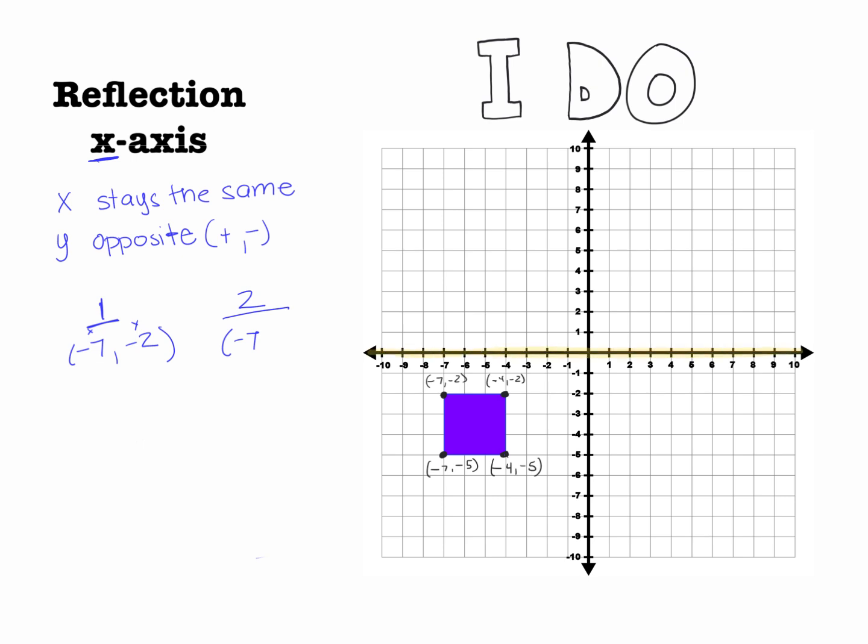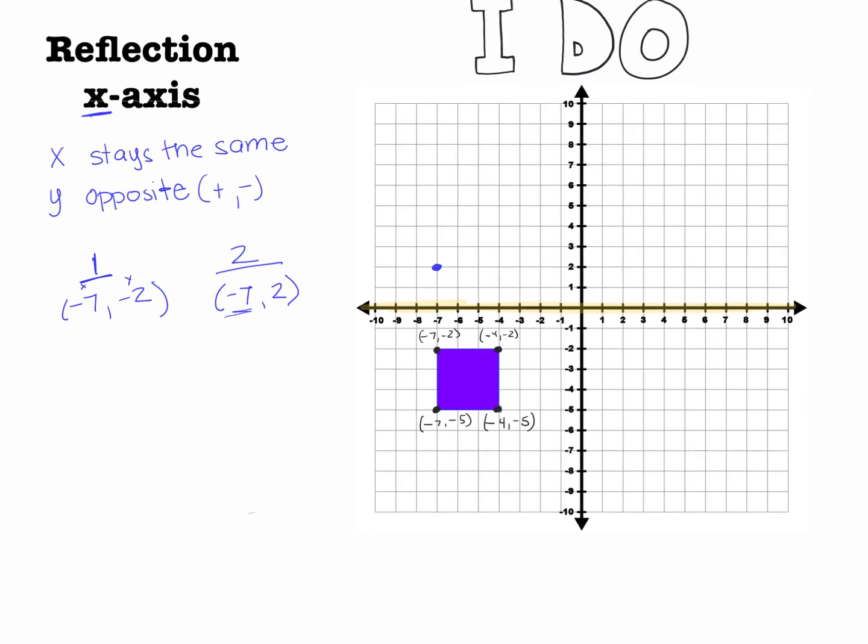So we're flipping this shape over the x-axis, okay? So when we go over the x-axis, we are changing just the y number. So we keep -7 and we're going to put a +2. We are going to go ahead and plot that point right now. So we have -7 and +2, as we flip over the x-axis.